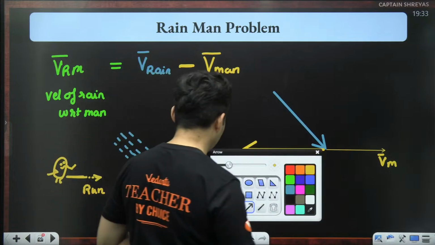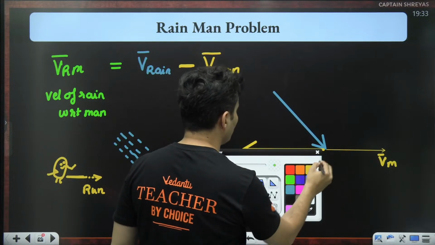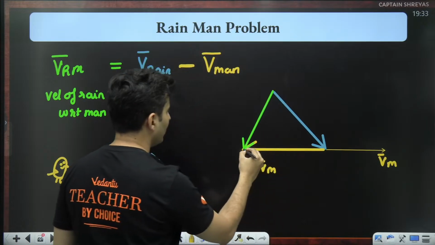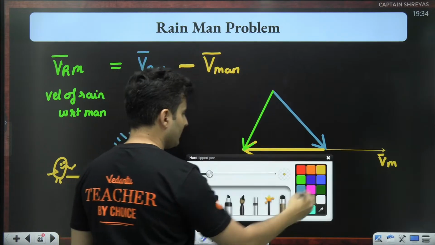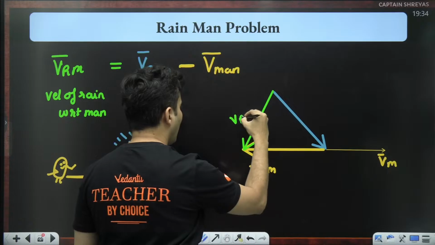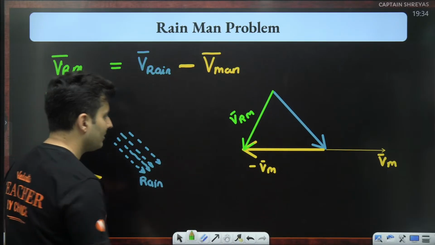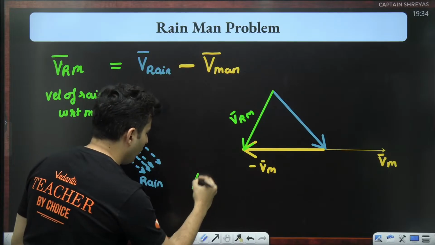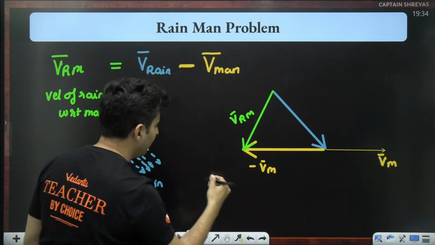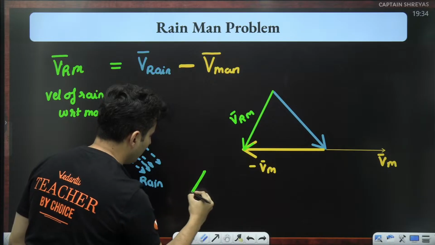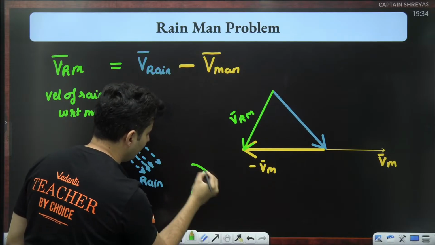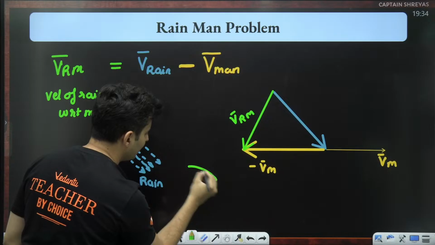When you add these two, you will get the resultant velocity like this. So this is your VRM vector. Which means the person in this rain will hold the umbrella parallel to this line. So the umbrella will be held like this.